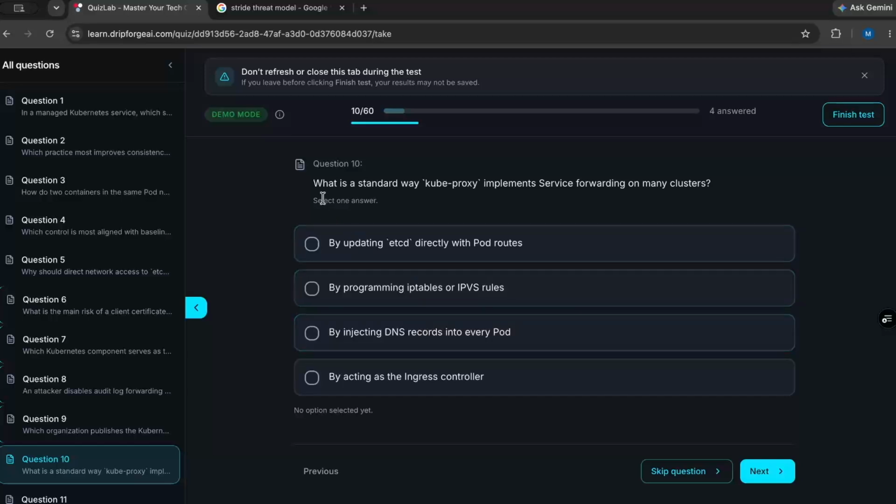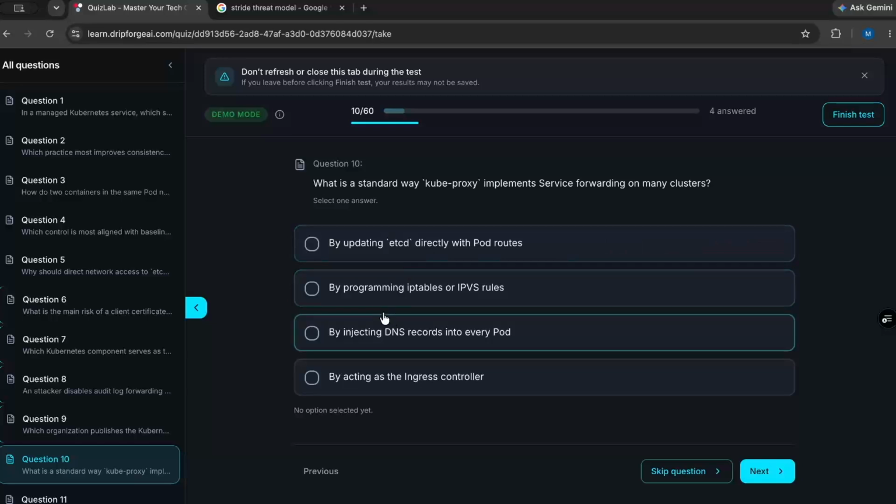Okay, so what is the standard way kube-proxy implements service forwarding on many clusters? 1, by updating etcd directly with port routes. Why would they do that?